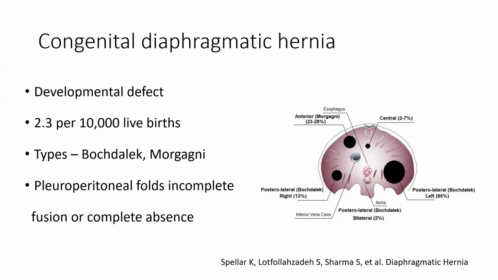The most commonly accepted theory behind this development is that the pleuroperitoneal folds incompletely fuse, and the degree of incomplete fusion can result in a small defect or a complete absence of the diaphragm, which results in diaphragmatic agenesis. In 10 to 20% of cases, the pleuroperitoneal folds completely fuse, but there is a failure of muscularization, which results in the development of a sac.